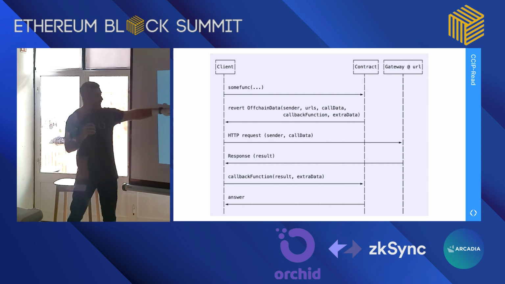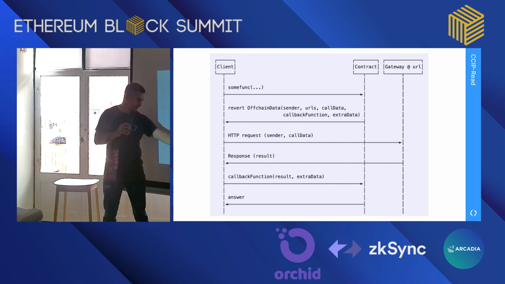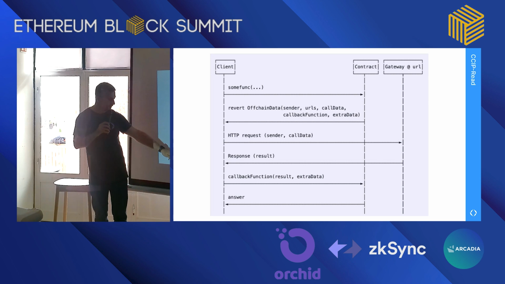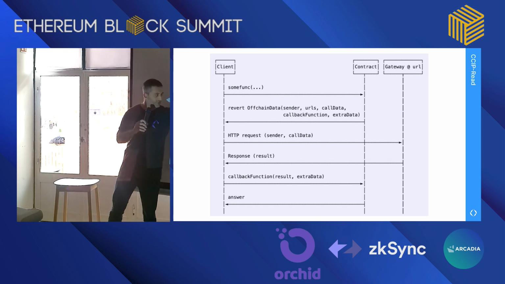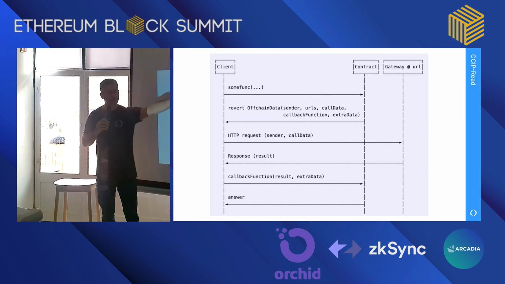So we use the callback function, and it goes back to the contract. Now we have the proof and the extra data to verify that proof, and the contract does the verification and sends the answer. So we didn't write anything into the blockchain, which is why it's gas-free. We retrieve the information from outside, like it can be any database or anything outside, again based on the use case.